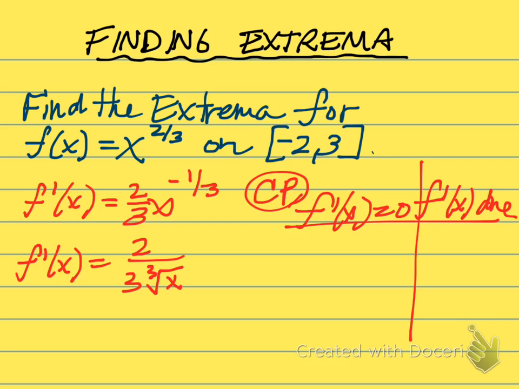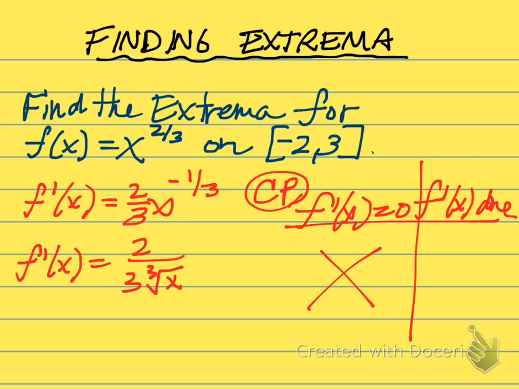We have a fraction here for our derivative, 2/3 over the cube root of x. For a fraction to be equal to 0, the top must be equal to 0. The top of our fraction is always 2, it's never 0, so we're not going to get any critical points from that.